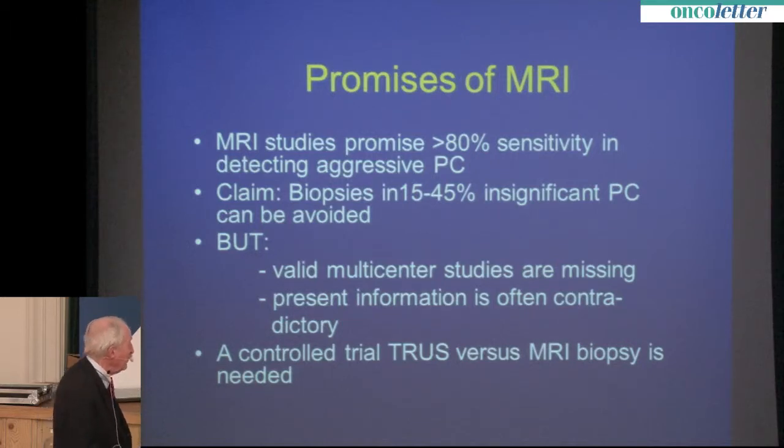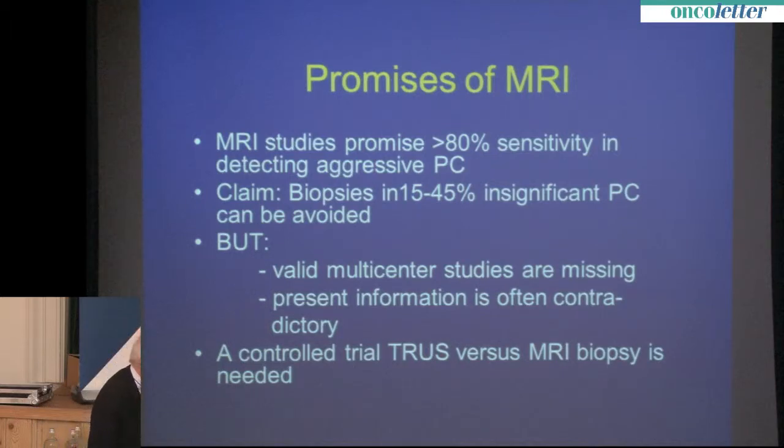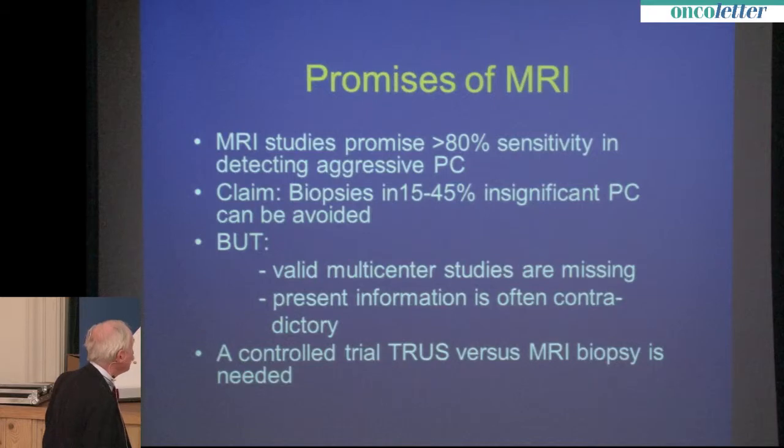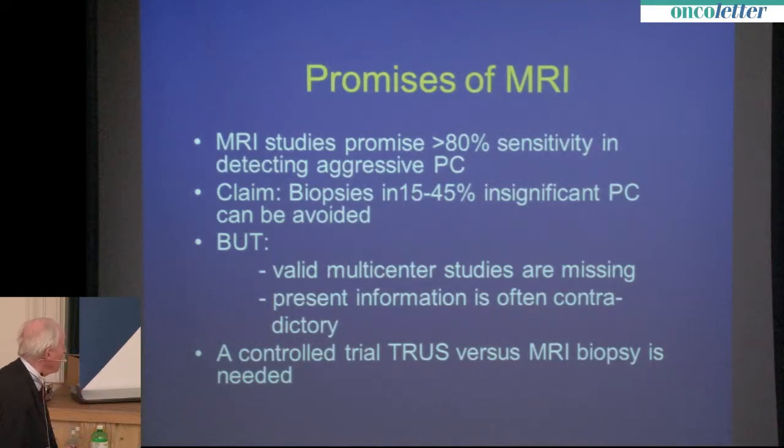So let me briefly speak about MRI, and I will be very brief about this. If you review the increasing literature, the promise is that MRI may selectively detect about 80% of all aggressive cancers. Furthermore, there is a claim that biopsies can be completely avoided in 15 to 45% of those cases that, if they were biopsied, would turn out to have insignificant prostate cancers.